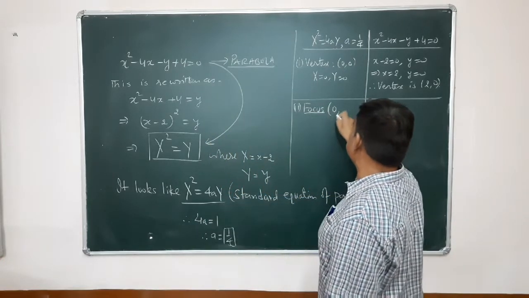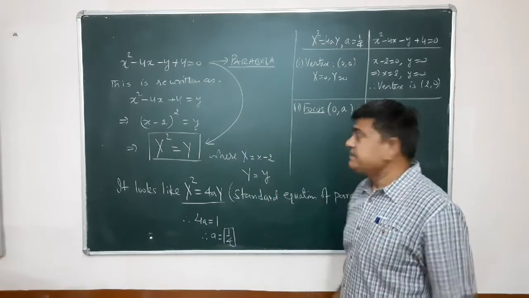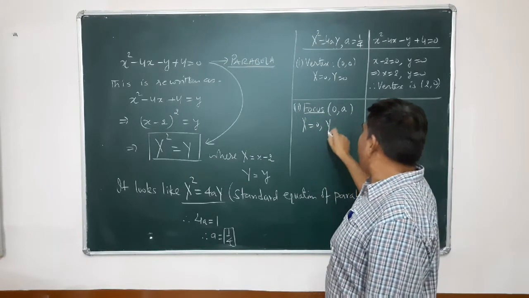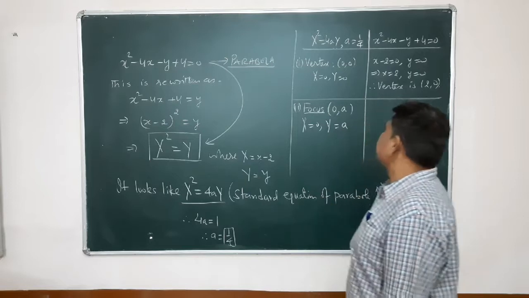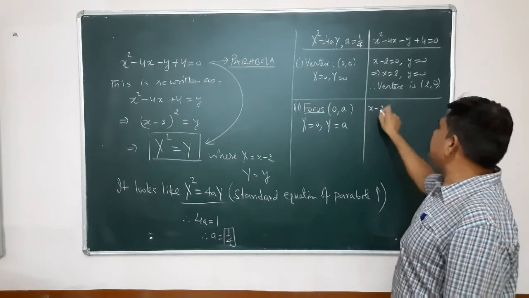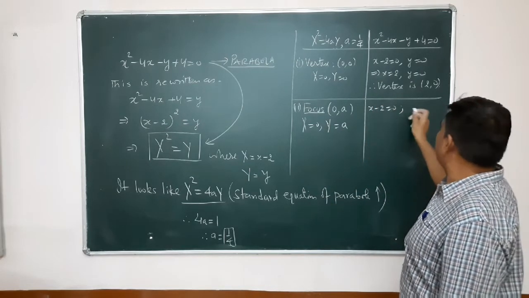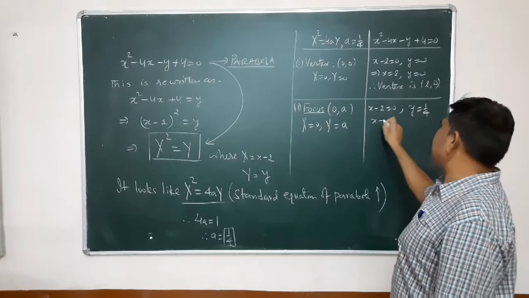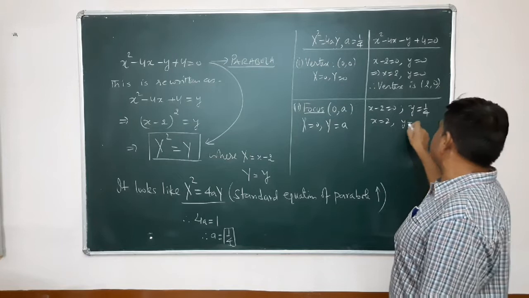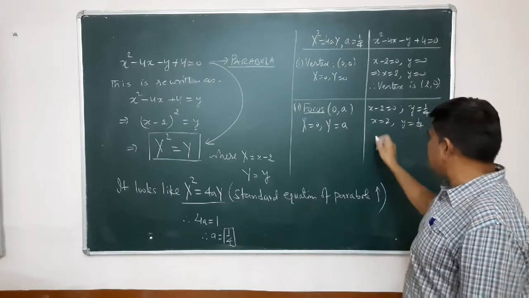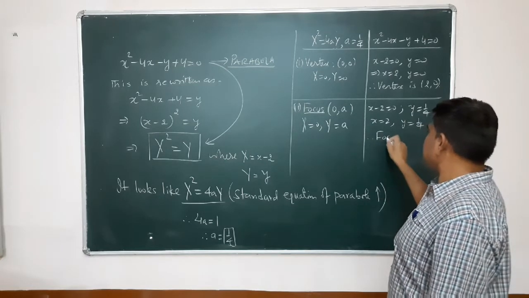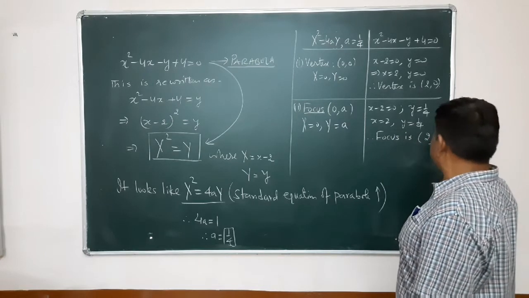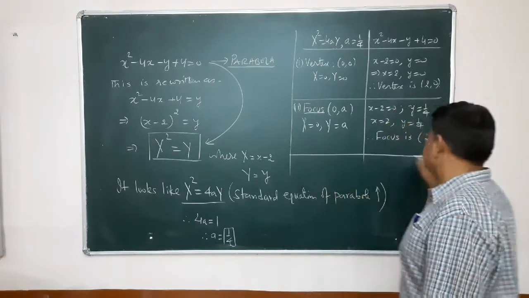That is 0, A. So X is 0 and Y equals A. So x minus 2 equals 0 and small y is 1 by 4. So x equals 2, y equals 1 by 4. Therefore, focus is 2, 1 by 4, because this is the point.